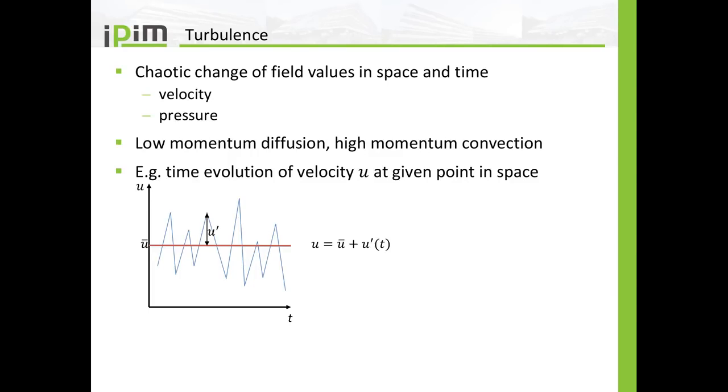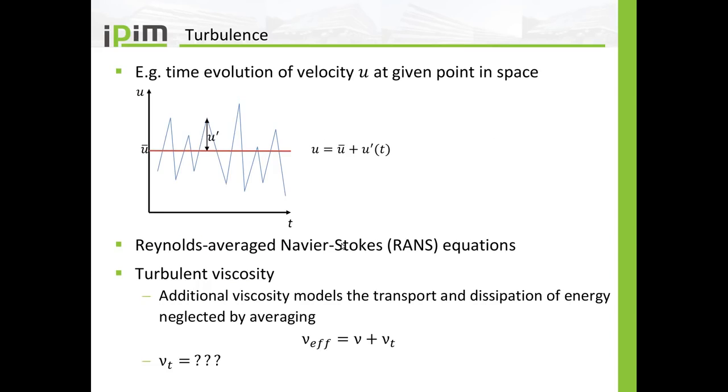If you measure the velocity at a given point in space, then I told you that we will have in a steady state flow a constant velocity, and the velocity will oscillate around this constant value. And these oscillations are time dependent, and the constant value is of course constant.